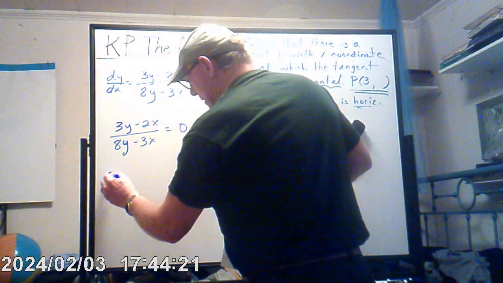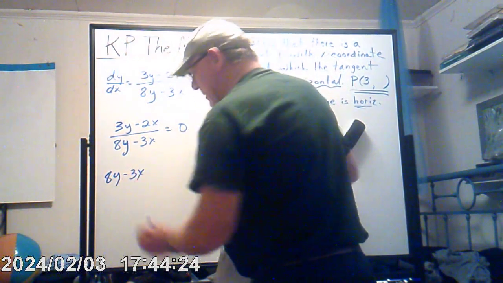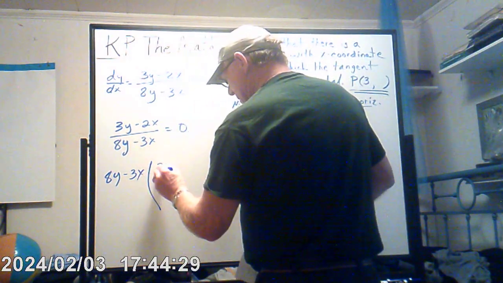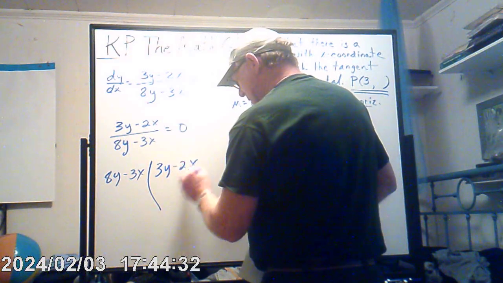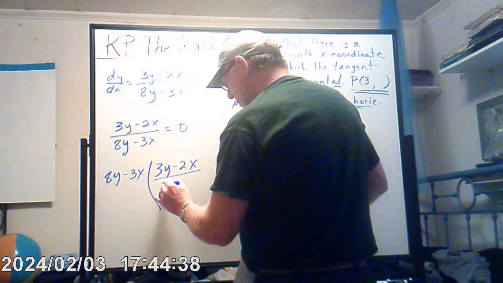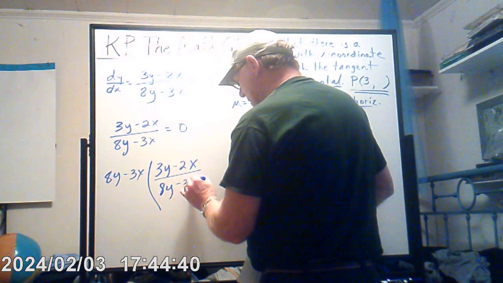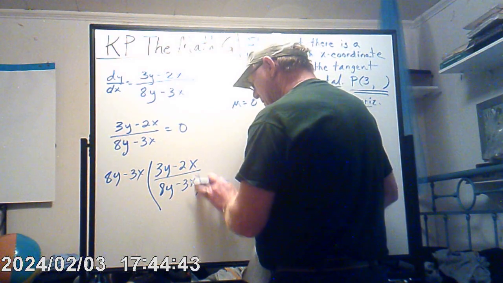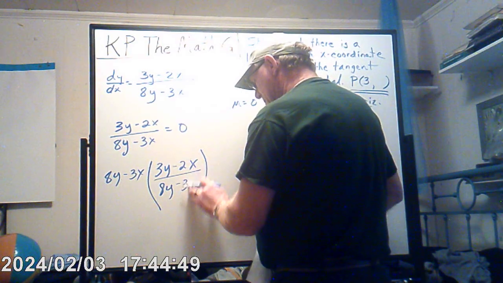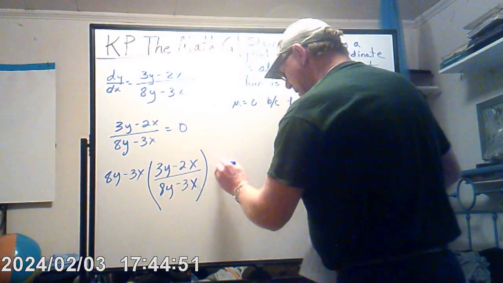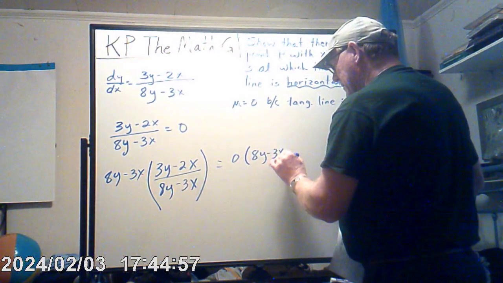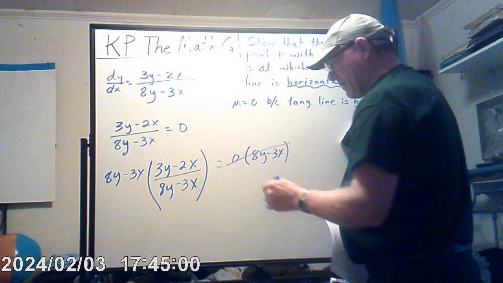So if we multiply by 8y minus 3x, assuming that this is not equal to 0, the left side becomes 3y minus 2x, and that equals 0 times 8y minus 3x, which is 0.